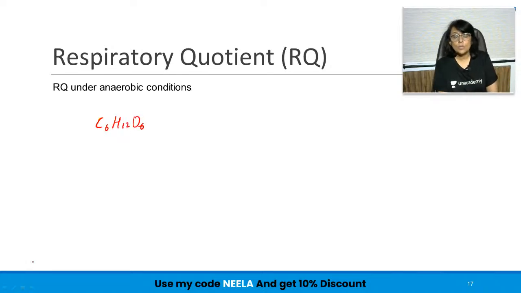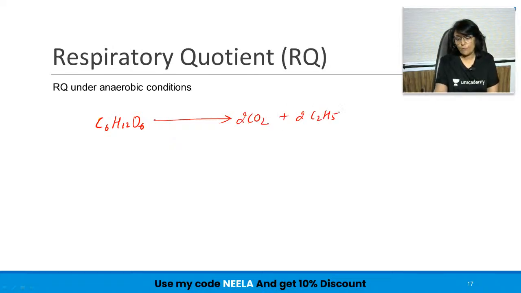This is glucose and it is being broken down in absence of oxygen. And what do you get? You get 2CO2 plus 2C2H5OH plus 2 ATPs. This is what we got in anaerobic respiration.